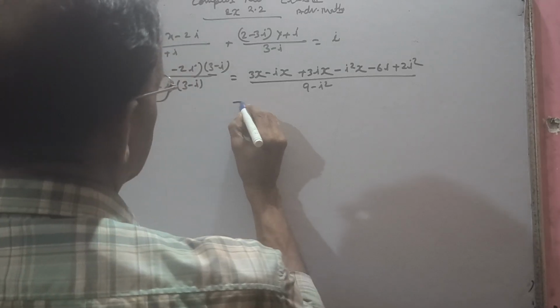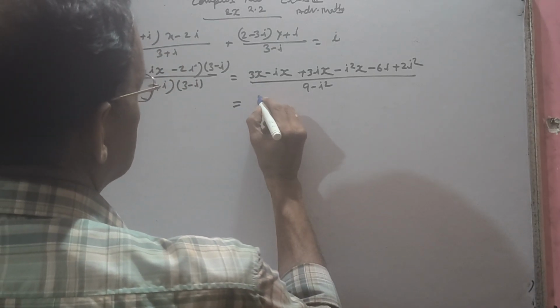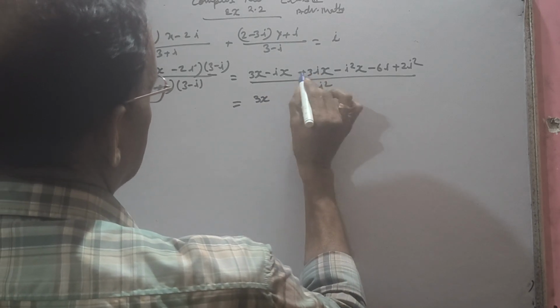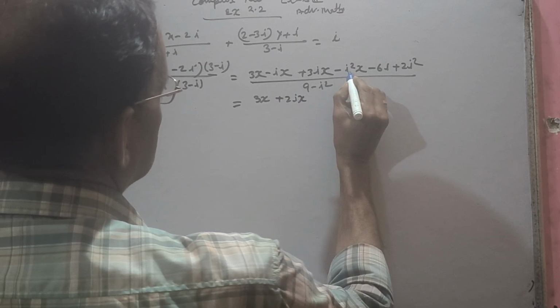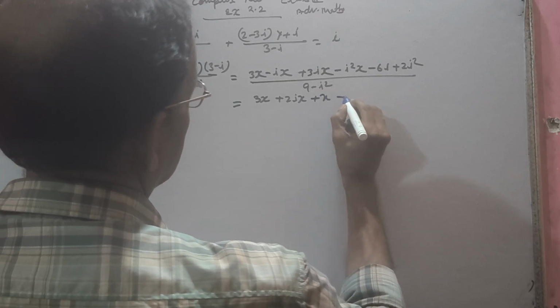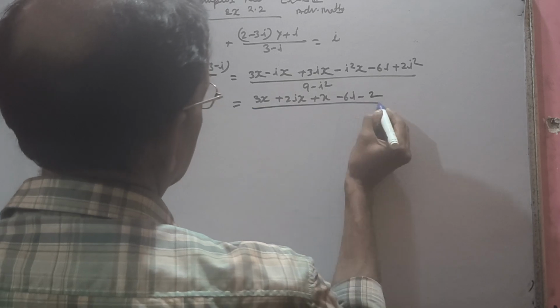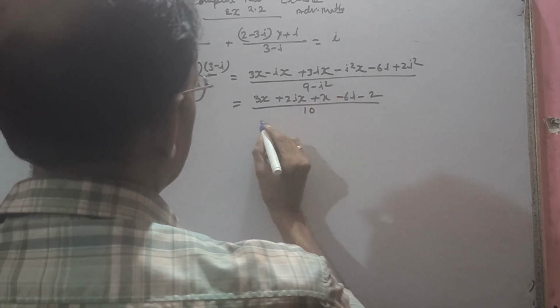Okay, simplify. This is 3x, and this is like terms: 3ix and minus ix, 2ix. i squared is minus 1, so minus minus plus, plus x; minus 6i; and this will be, you know, minus 2. What will be here? 9 plus 1 is 10, since i squared is minus 1, so 9 plus 1, 10.